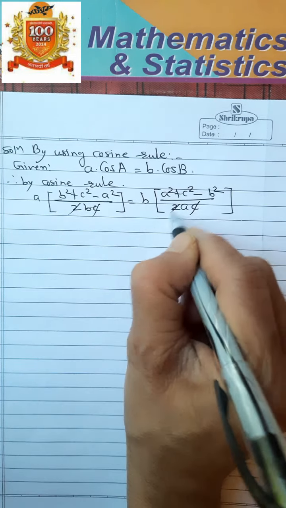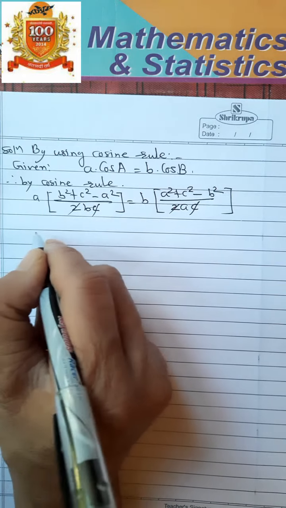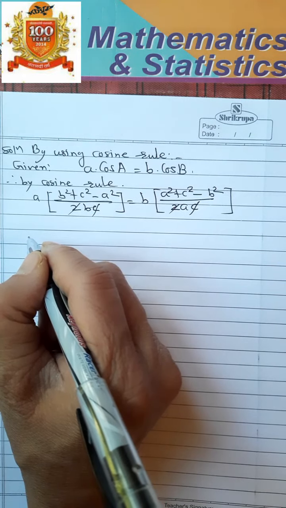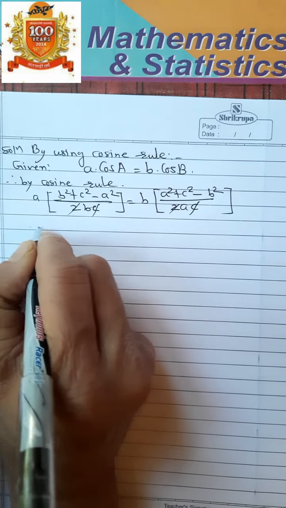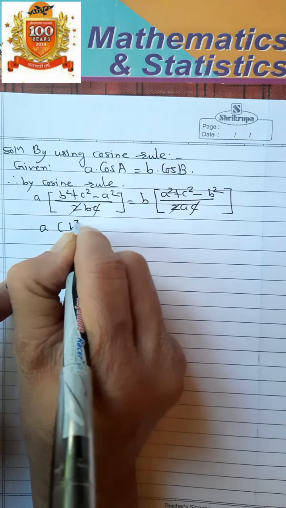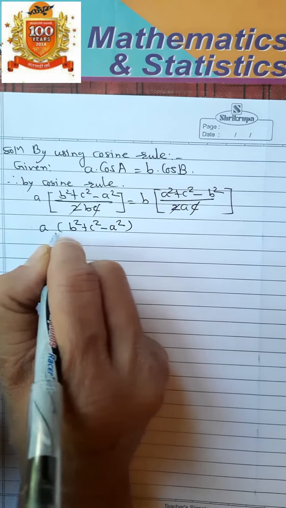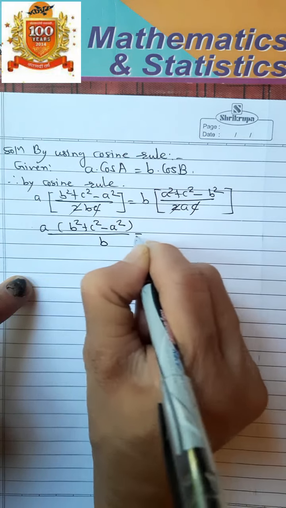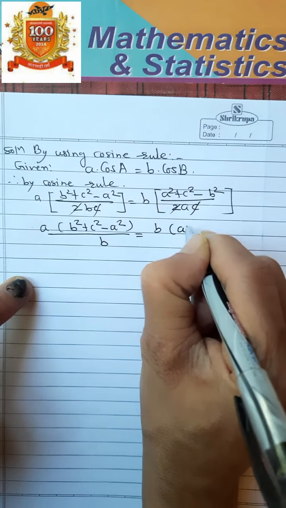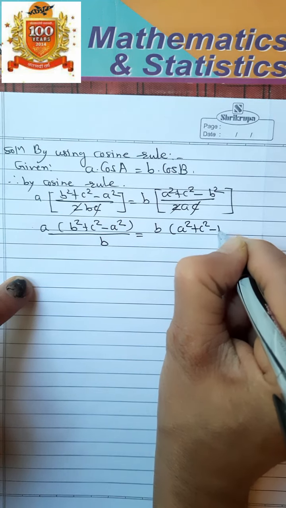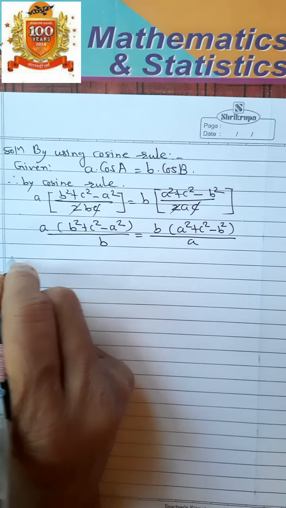This 2 gets cancelled. We have A in bracket B square plus C square minus A square upon B is equal to B in bracket A square plus C square minus B square upon A. Do cross multiplication.